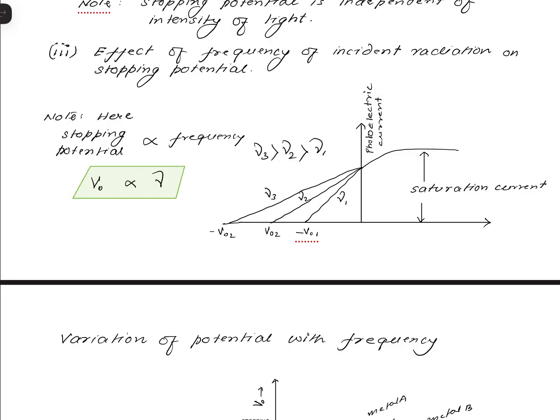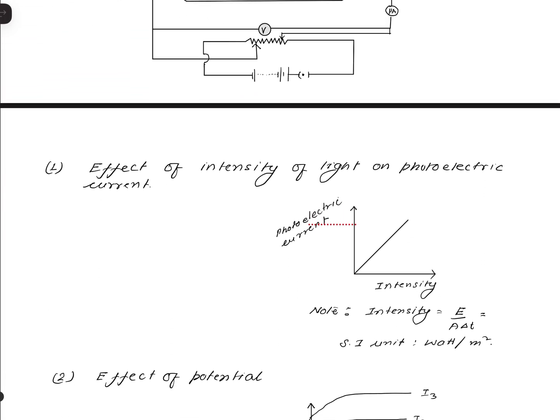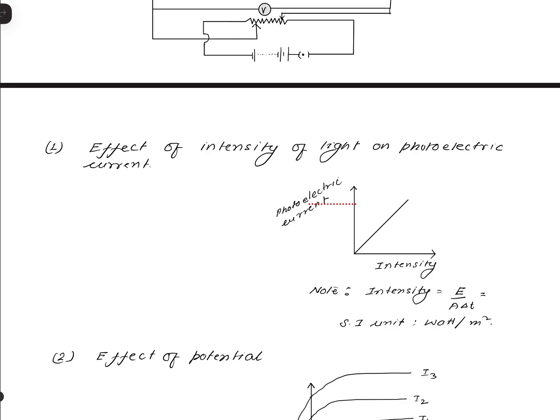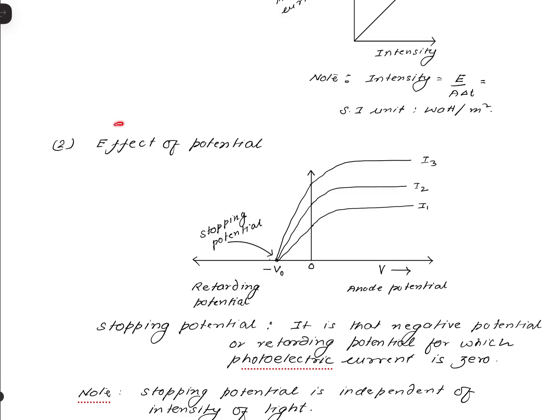So we have studied two things. First, the effect of intensity: as intensity increases, photocurrent increases. As we increase the positive potential, the photoelectric current increases and gets saturated.